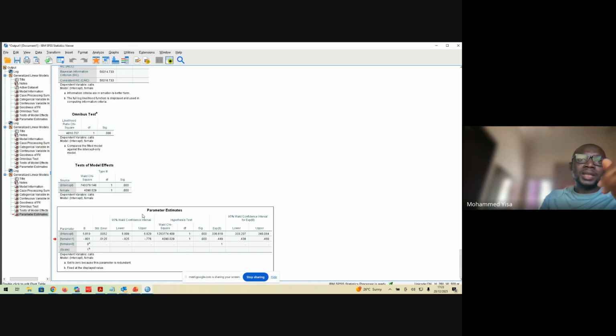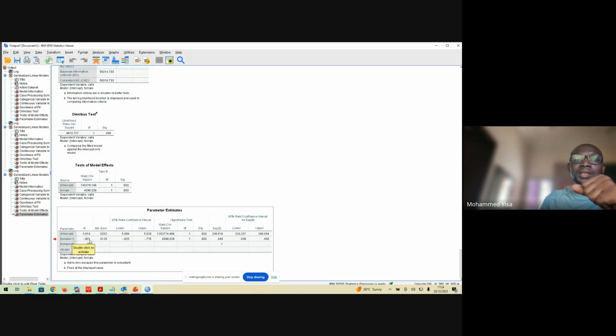Now, here is our actual model. This is the Poisson regression, this table that says parameter estimates. So what are we interested in? We're interested in this particular line. Remember, female is 0. So this is female minus male.